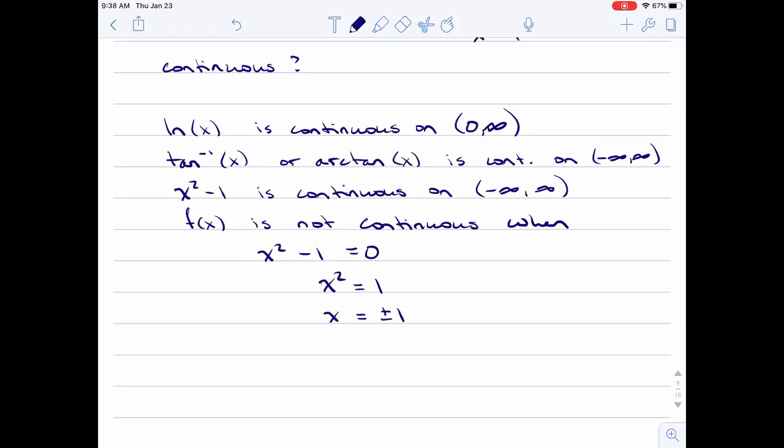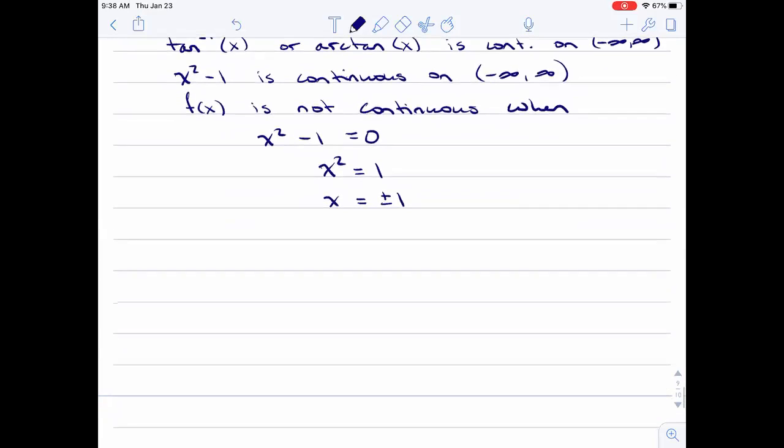And then now we have to pull out when x is equal to 1, because between 0 and infinity, we're only concerned about the 1. So if we sketch it on a number line, we've got a hole at 1.